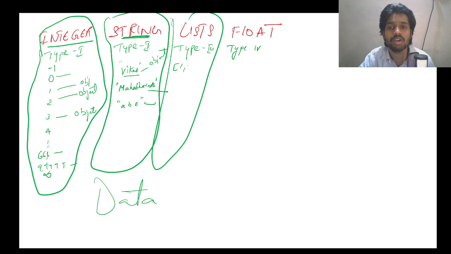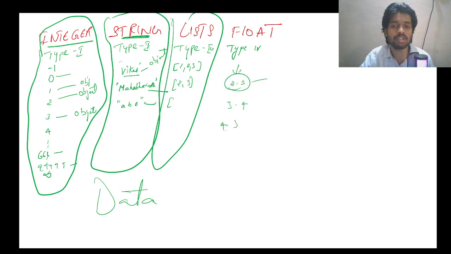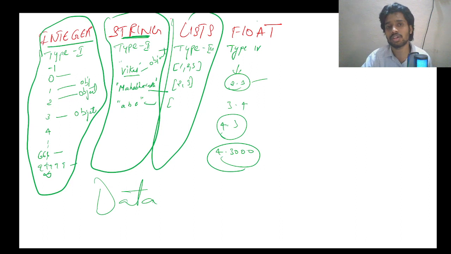If I take 1, 2, 3, this is an object. 2, 3, this is one object. I can make any type of list. And the same goes with float. 2.3 is an object. 3.4 is an object. 4.3 is an object. I can keep on going like this. So I hope you understood the basic difference between the type and an object.